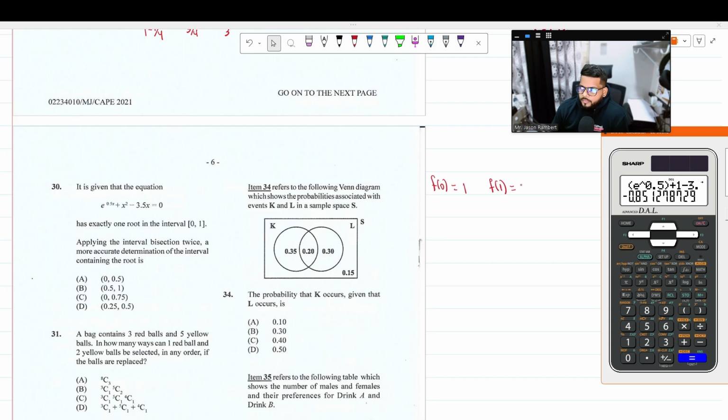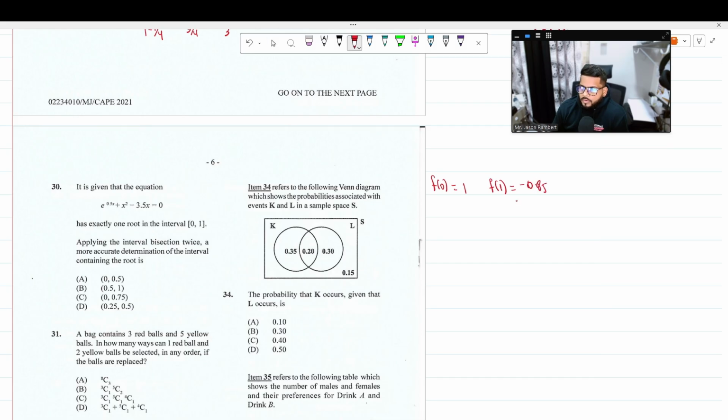Minus 0.85. So f of 0 by f of 1 is going to be less than 0. So our root is between that, right? The question already tells me that, I'm just reiterating it.